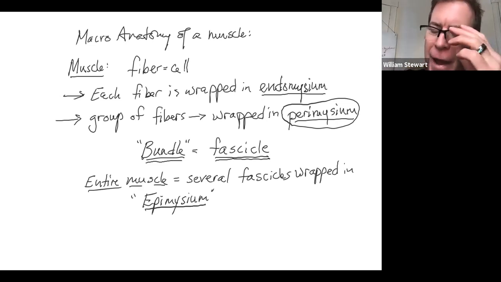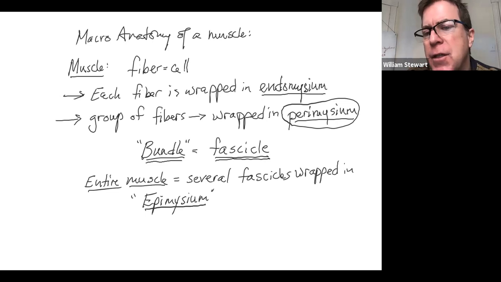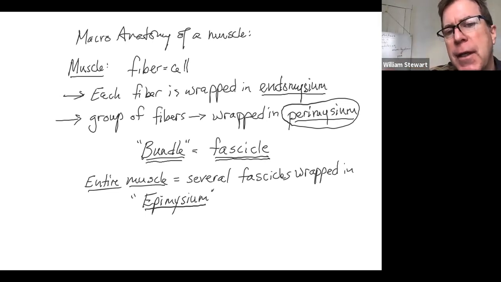So the macroanatomy, the organization of a skeletal muscle, is we have an individual muscle fiber, that's just an individual cell. We wrap that in a light, delicate connective tissue covering called endomysium.